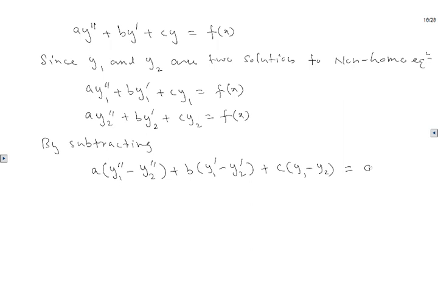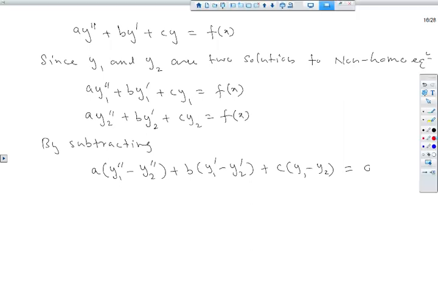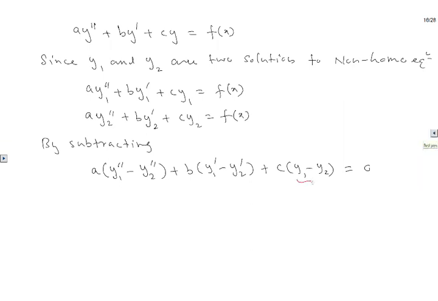Now you're going to see something. What is inside the parentheses is just the difference between y1 and y2, and the corresponding second and first derivatives. So we're going to define this part as y.